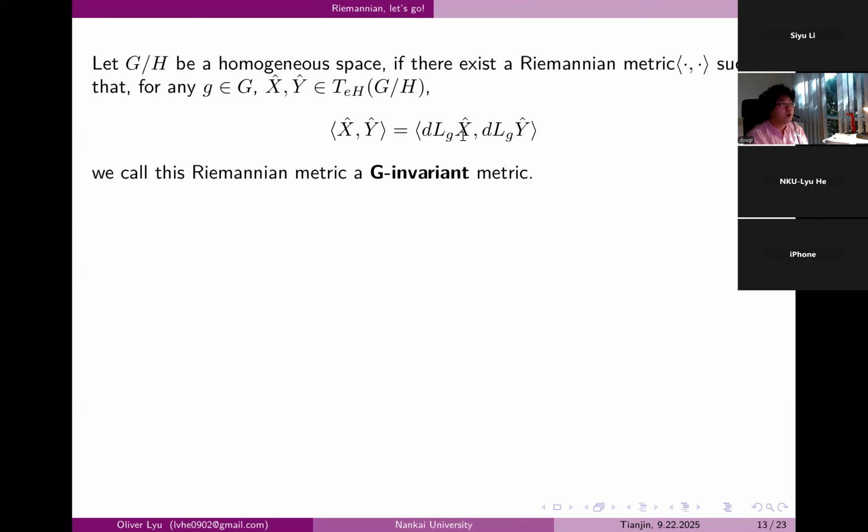Here I should say a little bit: in this way, we chose the action to be on the left, because we write the homogeneous space in this form in the Lie group setting. If we write it in the geometric way, the action here is just the G action, no need to be on the left.